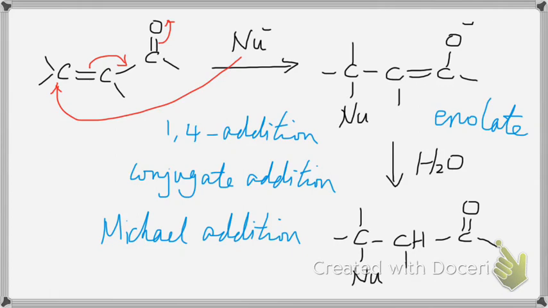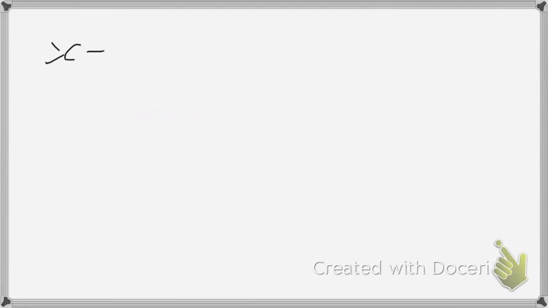The addition takes place on carbon 4 and oxygen 1. That's a 1,4 addition. The final product has the carbonyl, because the enol form is not stable. It goes to the keto form. Okay, so that's the conjugate addition, or the Michael addition.